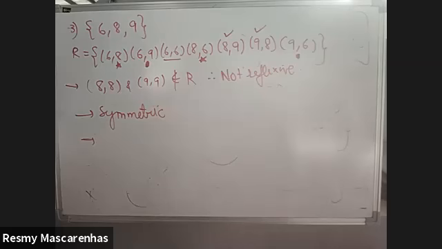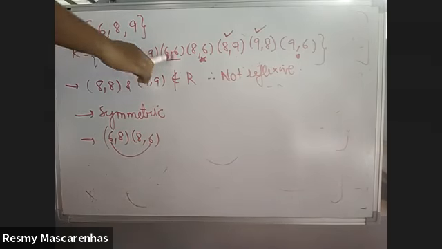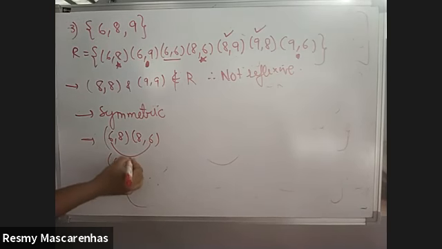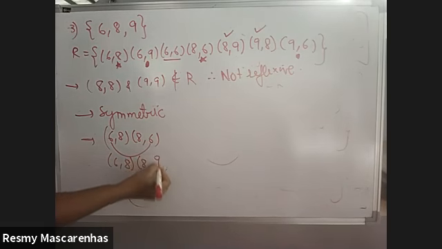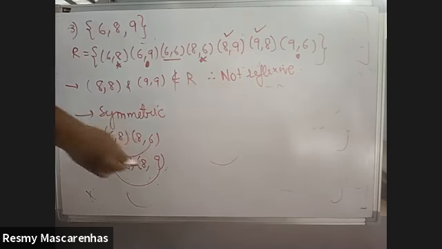Now we'll check transitive. Take the first pair, 6, 8, and try with any other pair which starts with 8. This is matching, so 8, 6 gives 6, 6, it is there. Then try 6, 8, 8, 9: 6, 9 is there. Only two pairs are starting with 8.